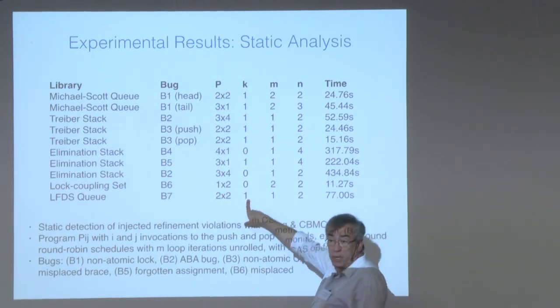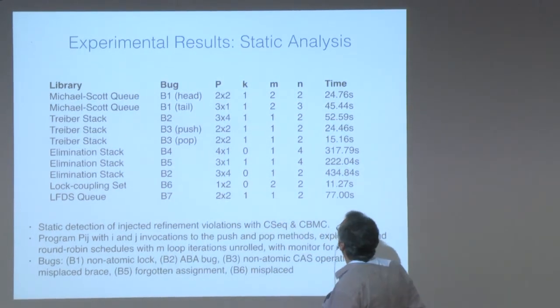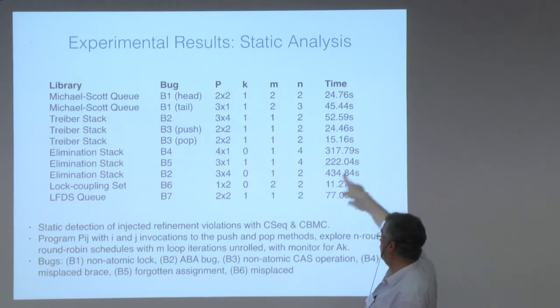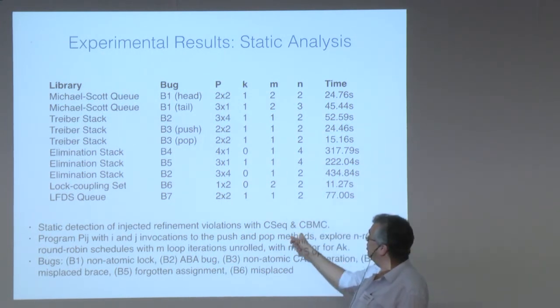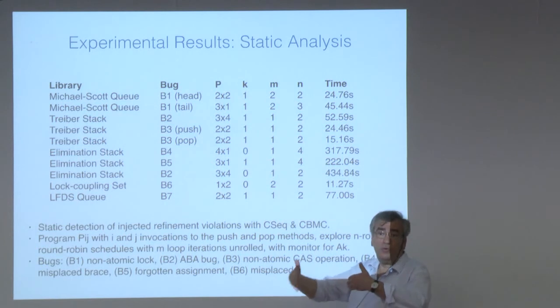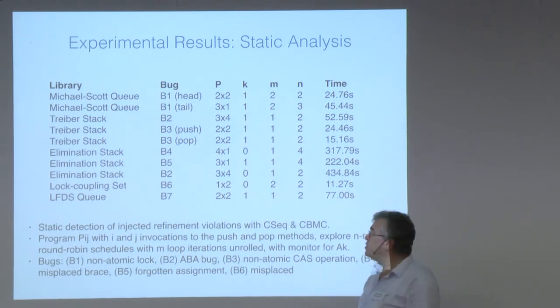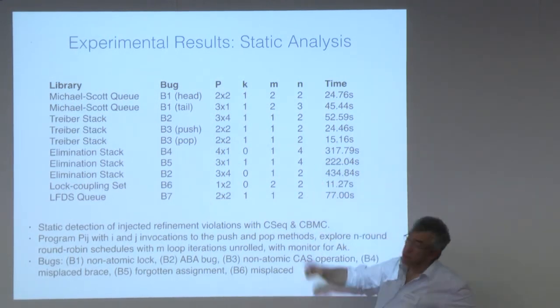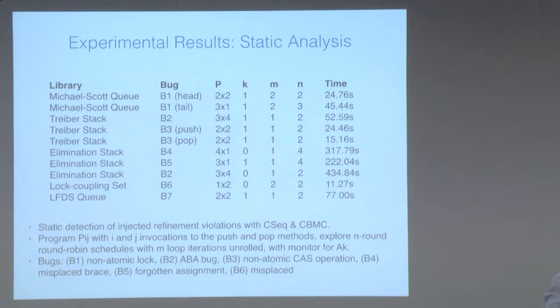K, this is our bound, okay? M is a parameter for this tool, you have to unroll the loops. And this is the number of rounds also. So here it's up to 3, these are the context switches.